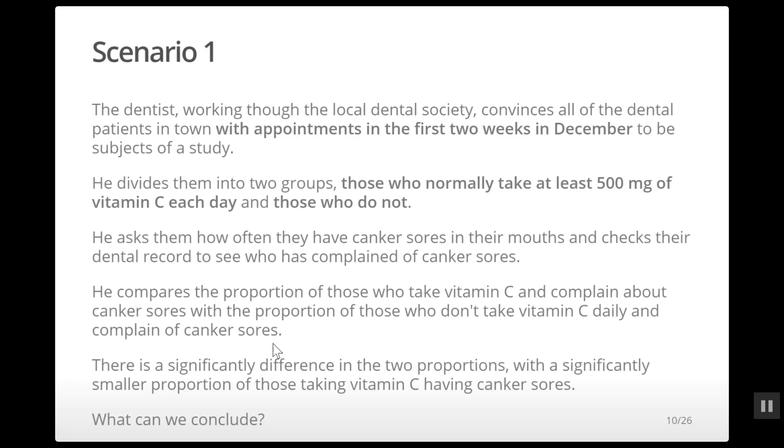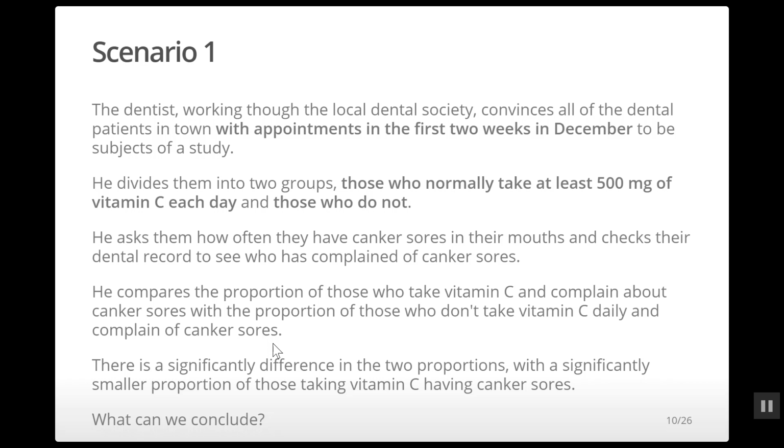All right, so scenario 1, we're going to say the dentist, working with the local dental society, convinces, and I don't know how he or she does this, all of the dental patients in town with appointments in the first 2 weeks of December to be subjects of a study. So we would say, look at your calendar for the next 2 weeks.